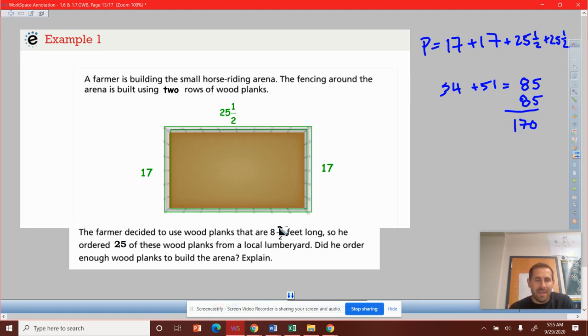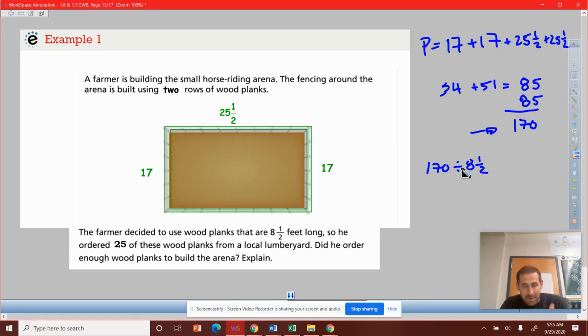So the lumber that he gets with 8.5 feet long needs to total 170 to make sure that he has enough. So what we're really doing with this problem again is we're taking 170 and we're dividing it by 8.5. So multiple ways that you all can try to do this.